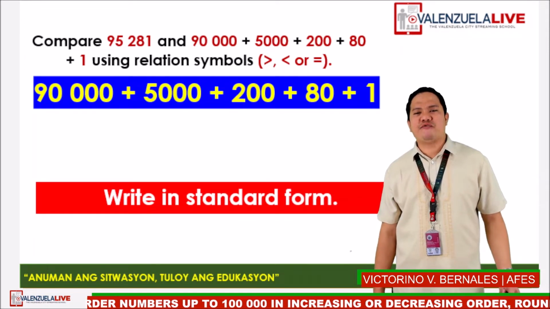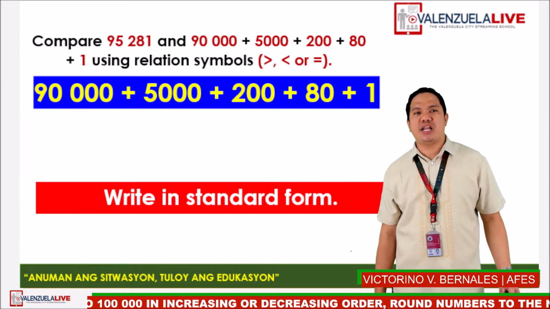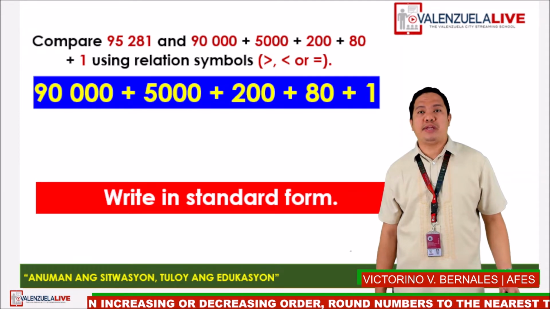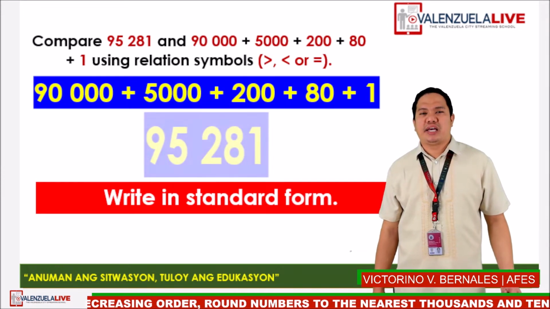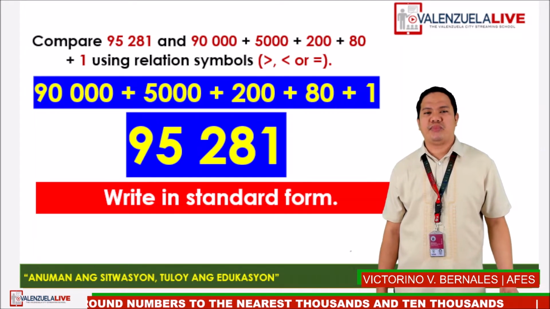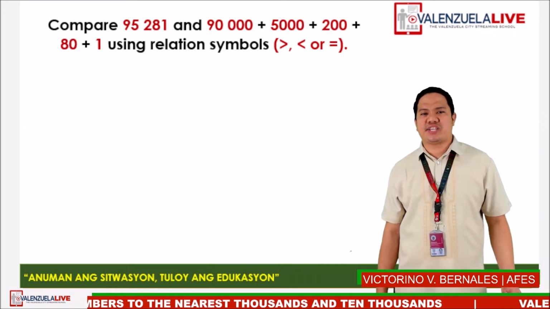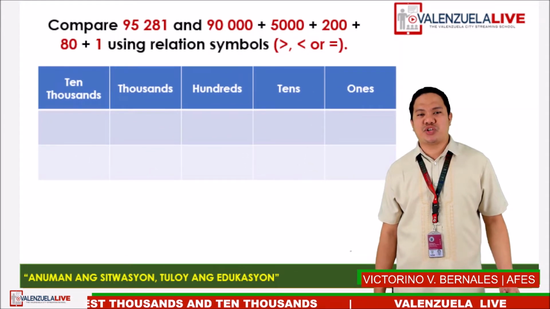The standard form of 90,000 plus 5,000 plus 200 plus 80 plus 1 is 95,281. Then after getting the standard form, we can now place them in a place value chart.